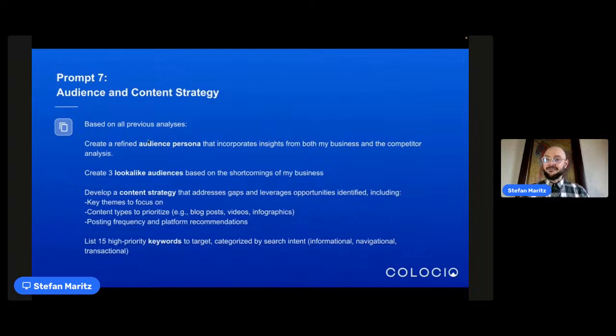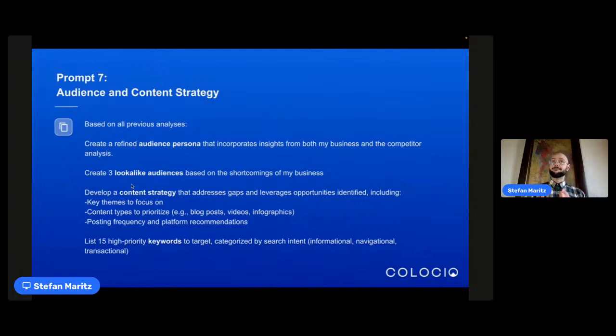So we're going to refine your audience persona. This may be a new audience persona that's being generated based on the different shortcomings and suggestions. 3 lookalike audiences. Now, we've also considered that in Colossio, in that you not only target your primary audience, but there's little nooks of audiences that may be interested in your product or service offering that you just aren't targeting yet.